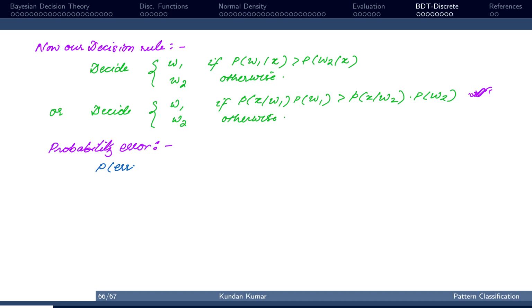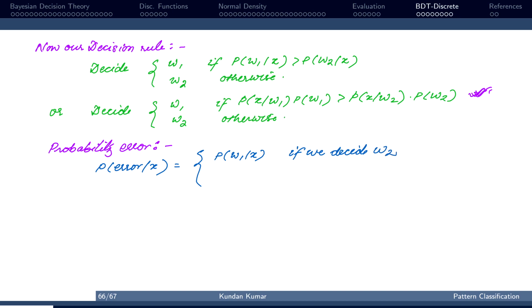The probability of error given the feature x will be p of omega 1 given x if we decide omega 2.